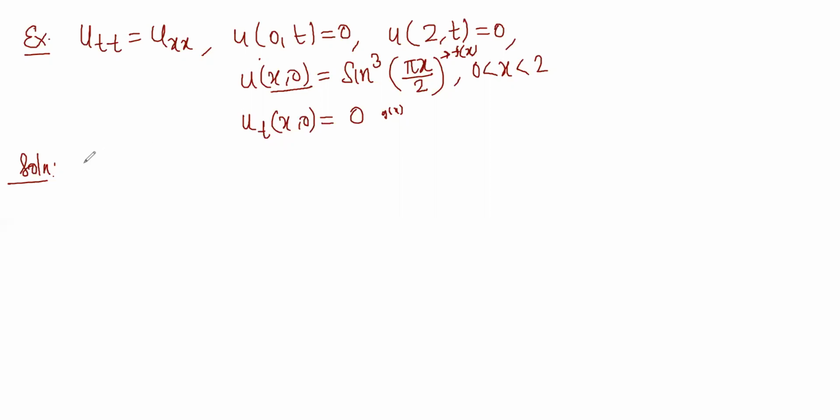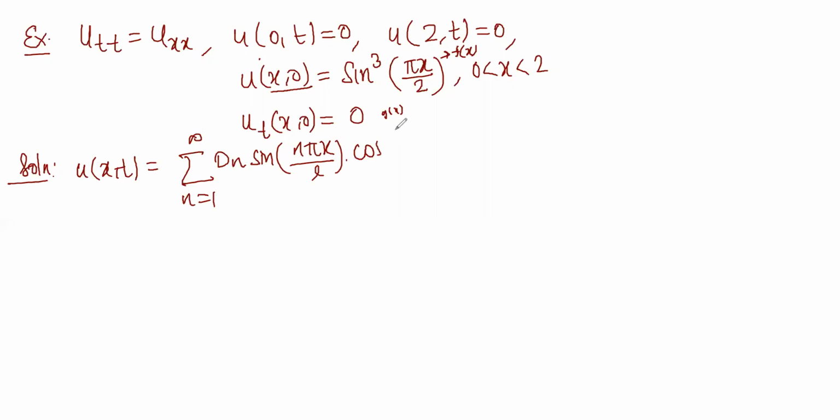Now we see that this is a type 1 problem, so its solution is given by u(x,t) equal to summation n equal to 1 to infinity, d_n into sine(n pi x upon L) into cos(n pi c t upon L). This t is not separate because it's with cos only.